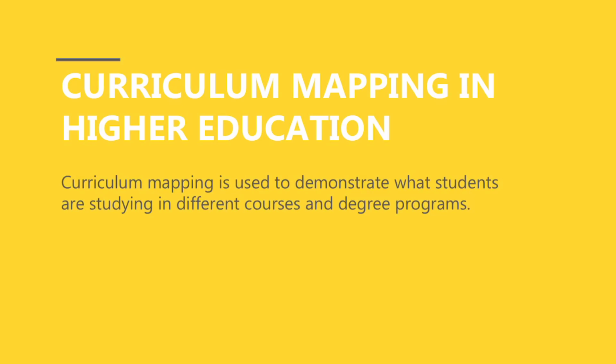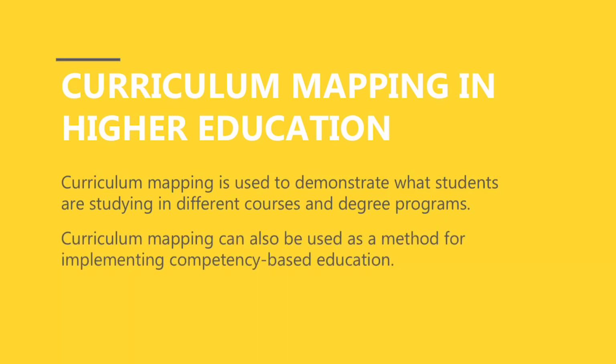It provides useful information for curriculum developers about what is really being taught by teachers. This information can be used, for example, for quality assurance to determine whether a curriculum yields the expected learning outcomes. Universities may also use curriculum mapping as a method for implementing competency-based education.